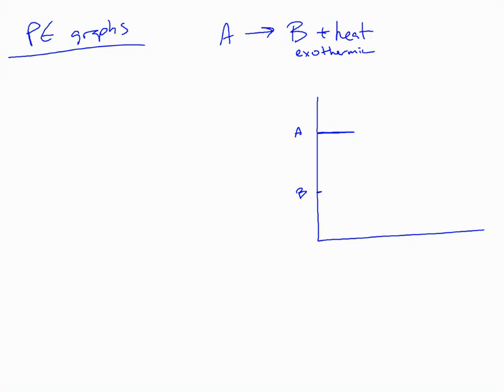So let me do this in a different color. This is not what it looks like. It doesn't just slope down like this. It's not magic. Things don't burst into flames. I have to add a little bit. So I have to add some energy to increase it to a certain point. And then it slopes down like this.